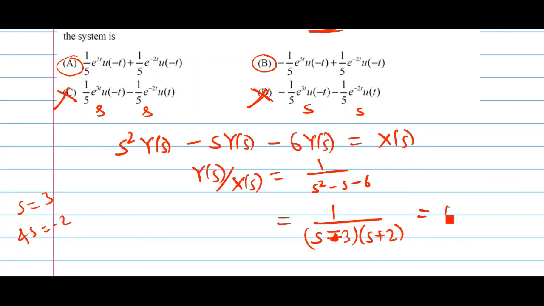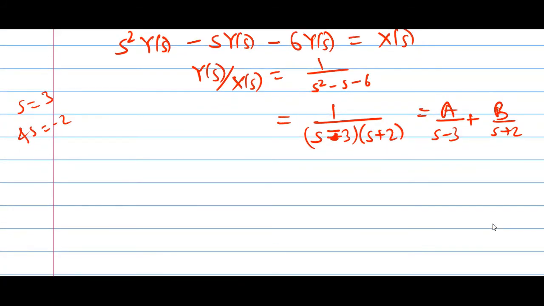Now use the partial fraction, a upon s minus 3 plus b upon s plus 2. So a value will be, now I will just quickly solve this, s minus 3 times 1 upon s minus 3 s plus 2.